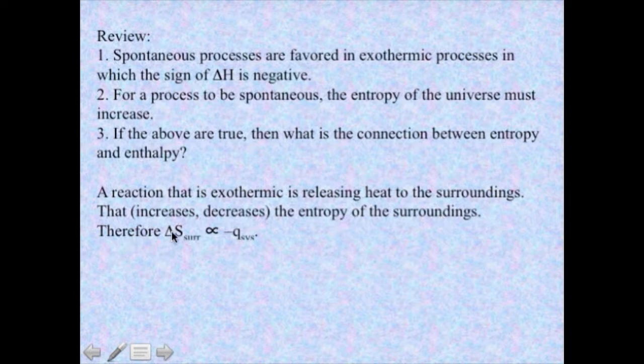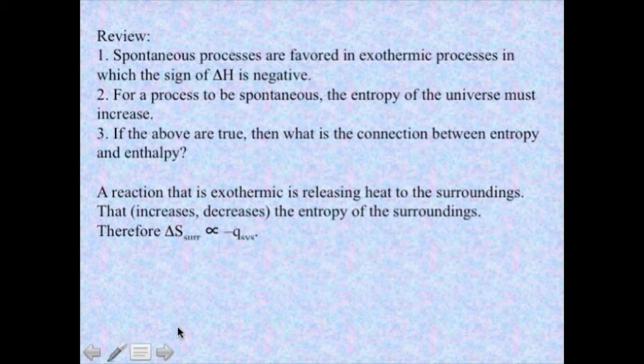Therefore, the delta S, the change in entropy of the surroundings, is proportional to the heat evolved by the system. The heat evolved by the system in an exothermic change, or the heat that's absorbed by the system in an endothermic change, has an effect on the entropy of the surroundings.